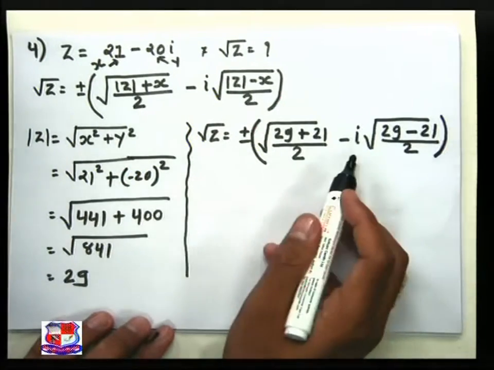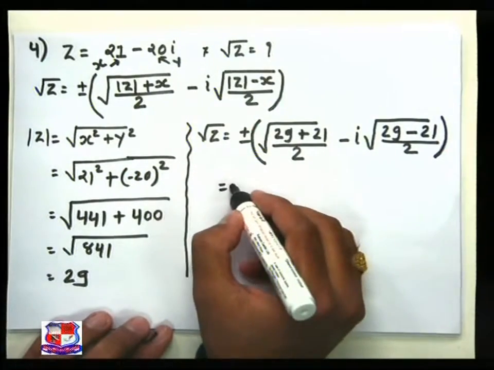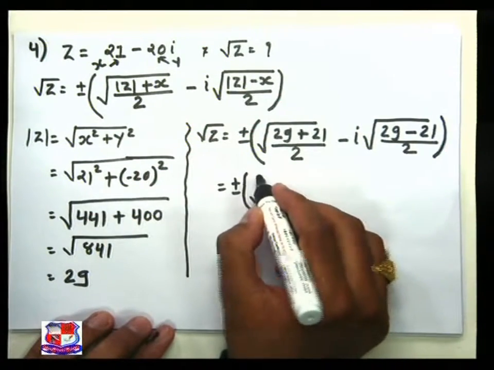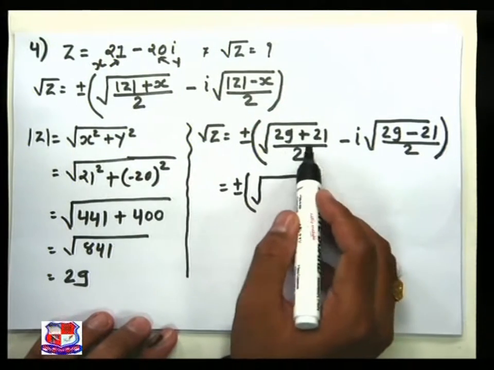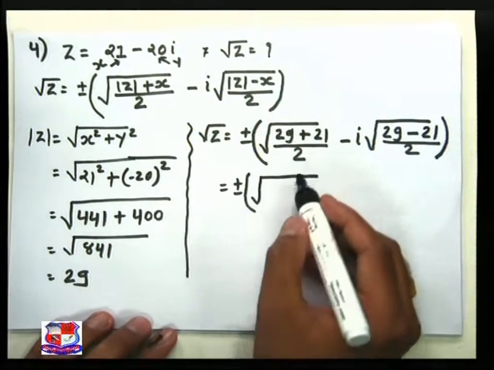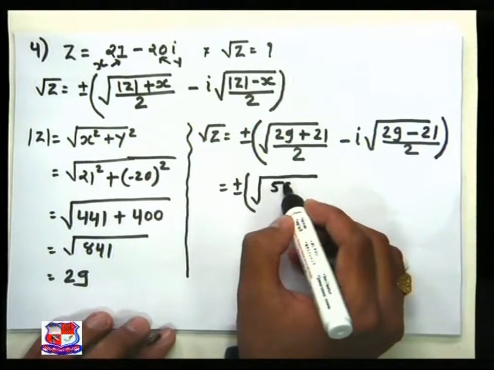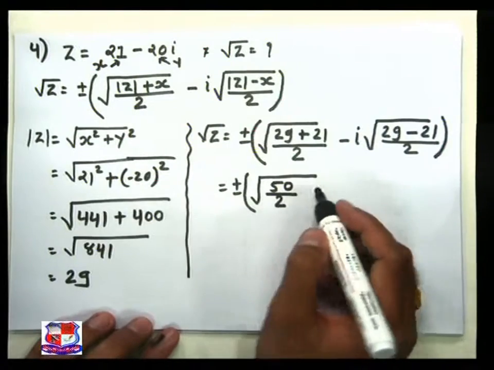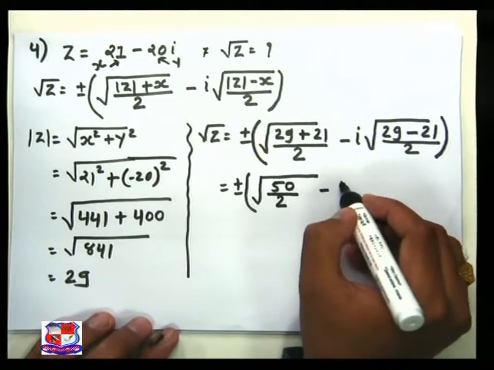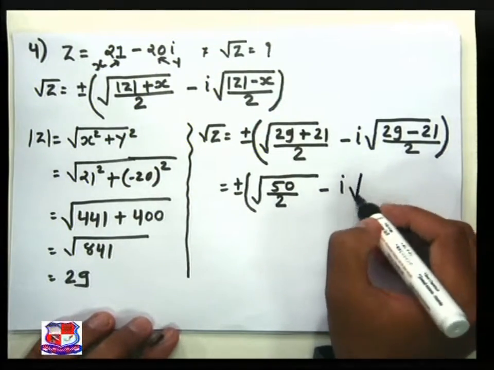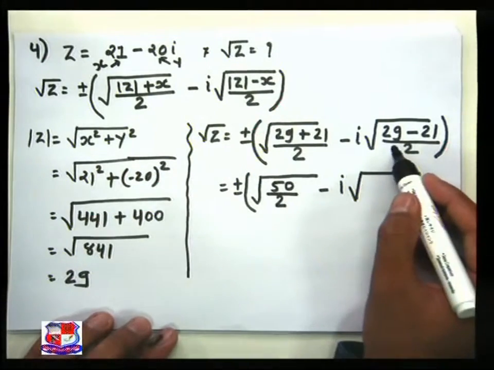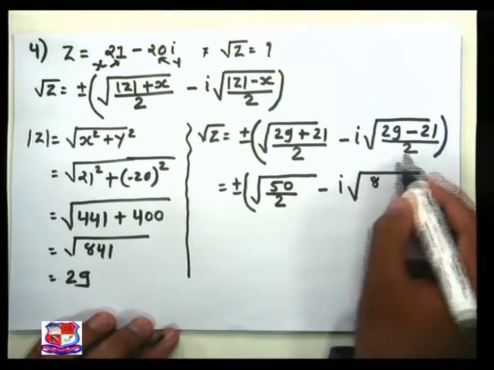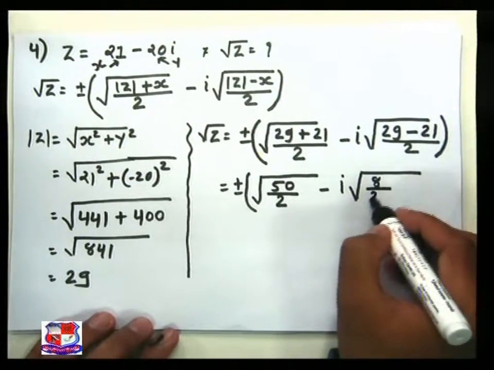Now we simplify our terms, that is plus or minus the square root of (29 plus 21, so the answer is 50) divided by 2, minus i times the square root of (29 minus 21, so the answer is 8) divided by 2.